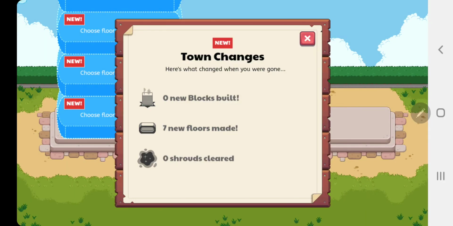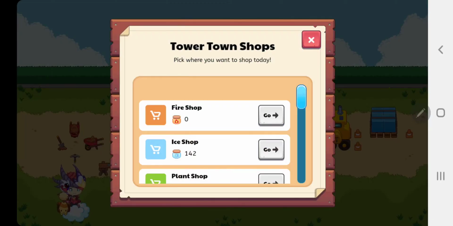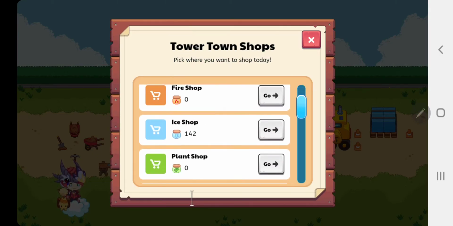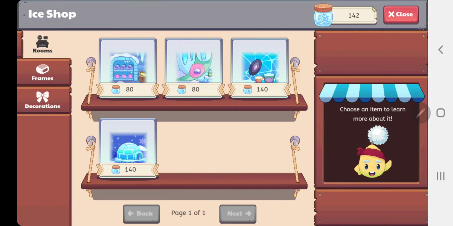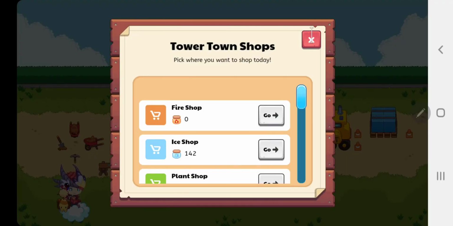So it says your new build, and so you have to build like a tower. So I don't like this one so much, but you could buy things with the mini potions, like frames, decorations, shrooms, all of that.